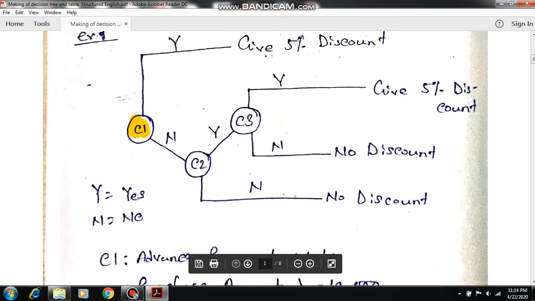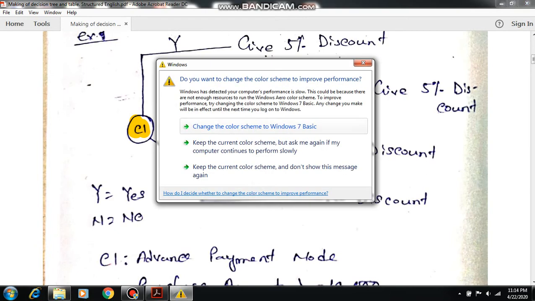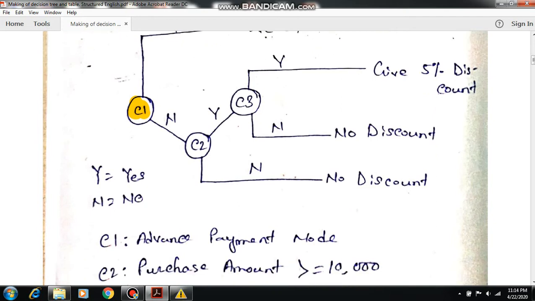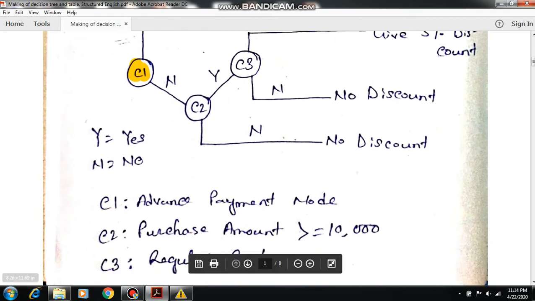When the customer takes the advance payment mode, if it is yes, the customer gets a 5% discount on their purchase. If it is no, then we check the next condition: the customer's purchase amount is greater than 10,000.